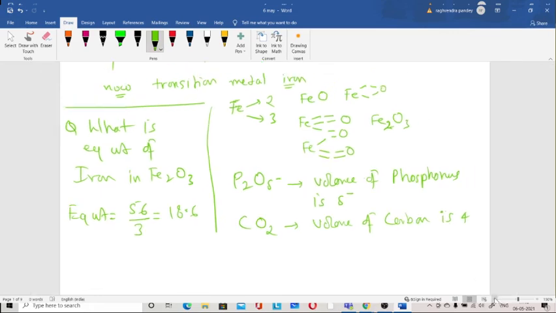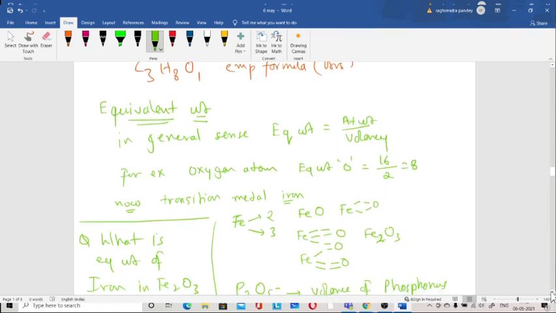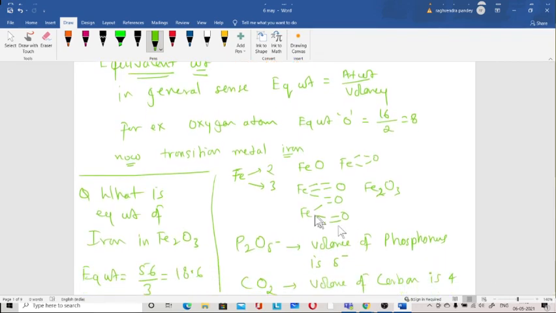Basically, the equivalent weight is the atomic weight divided by the valency. Most of the time, because that is a very big concept, but you have to understand, transition metals are different, and there are some more elements there, like phosphorus and nitrogen, which show variable valency.